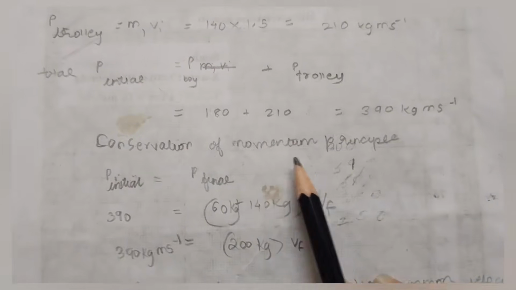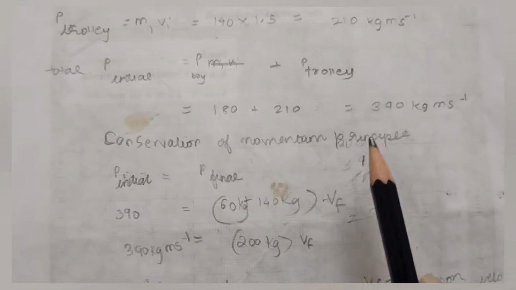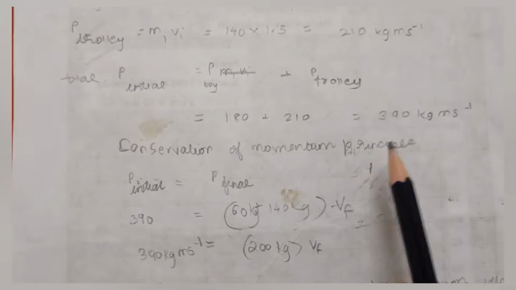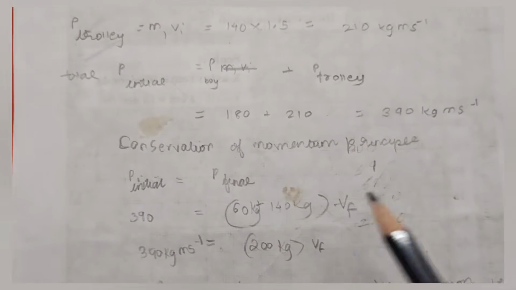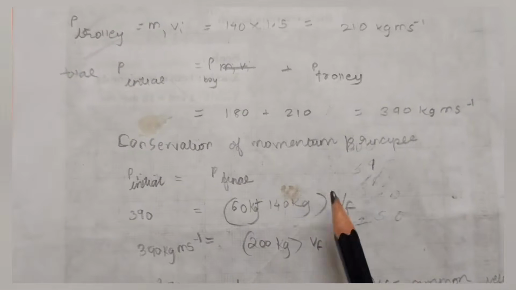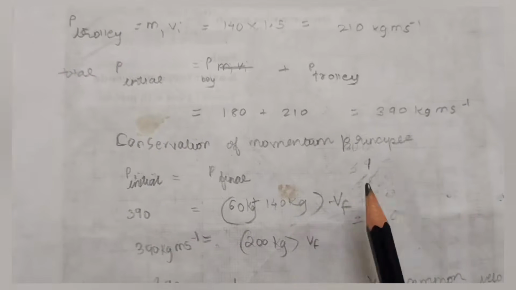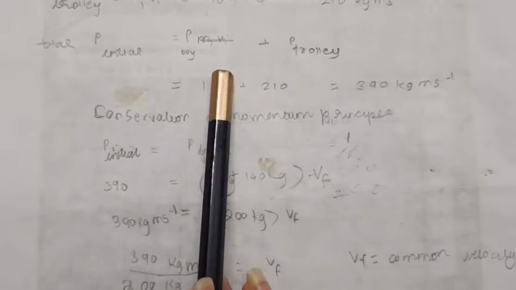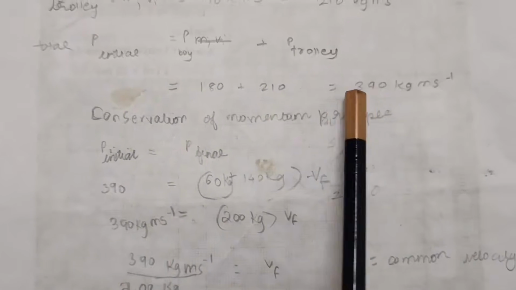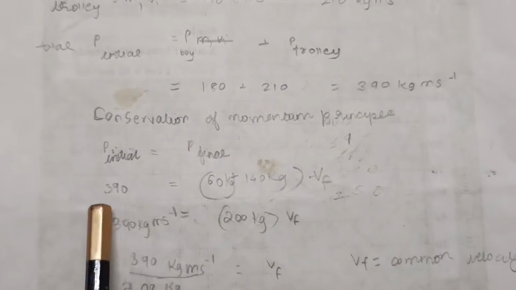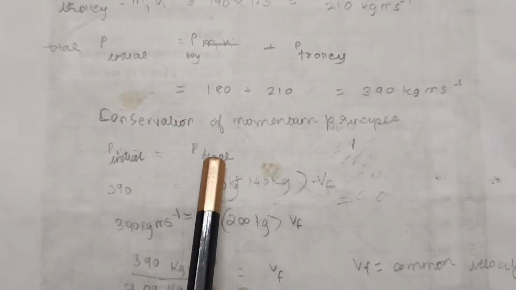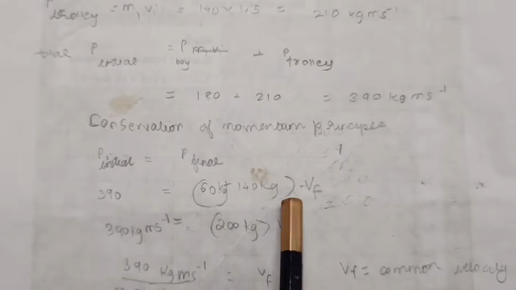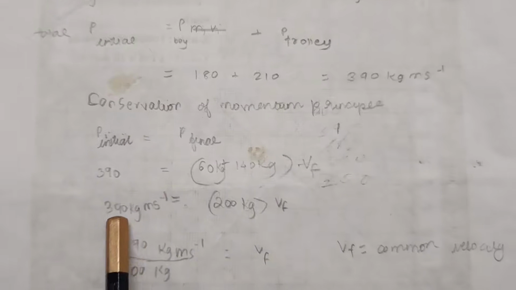Now applying the law of conservation of momentum, which says that the initial momentum before the collision is equal to the final momentum. The total initial momentum of the boy and the trolley is 390 kg m s^-1, and the momentum of both is 60 kg plus 140 kg multiplied by the final velocity.